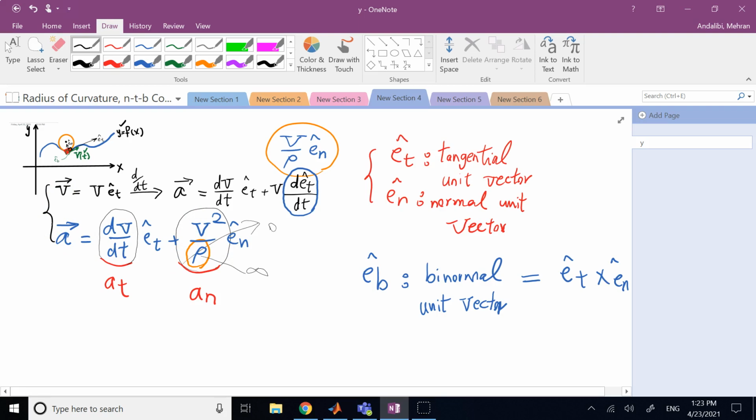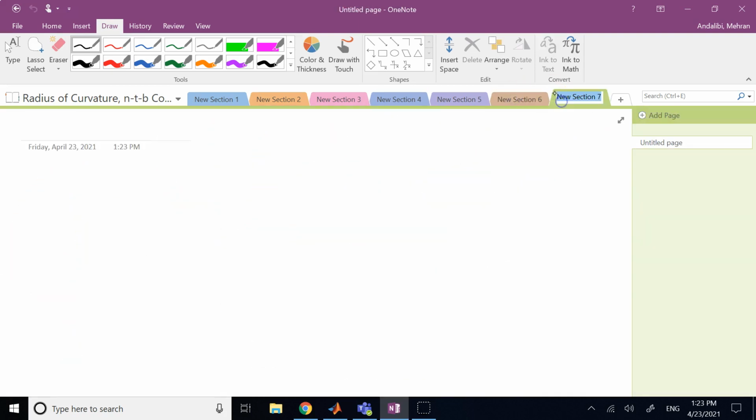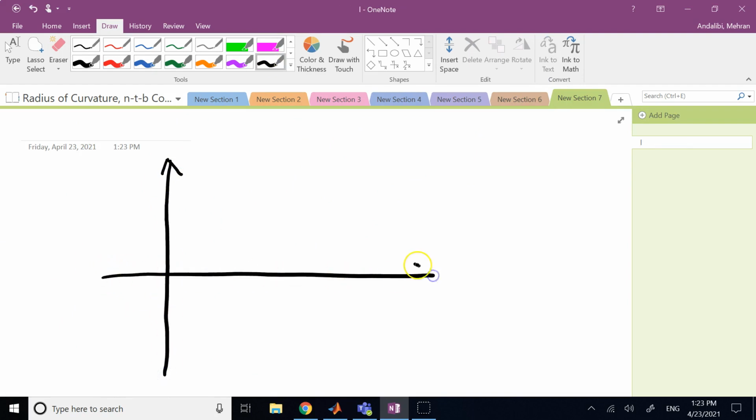Two more things I want to tell you to have a complete discussion. So far I have told you how, in this NT coordinate, to define velocity and acceleration based on et, and the speed and derivatives of speed and the radius of curvature.